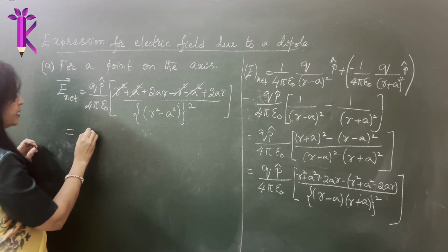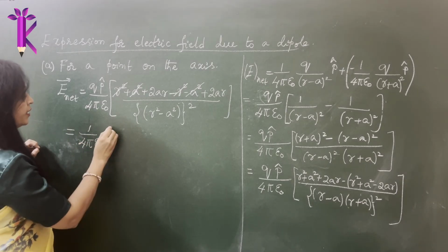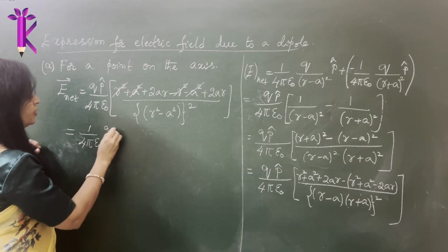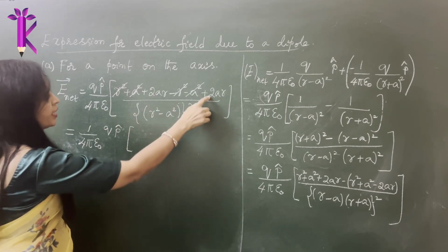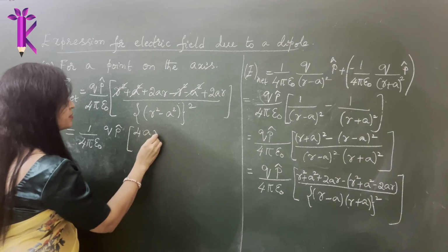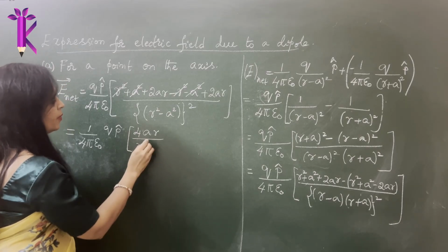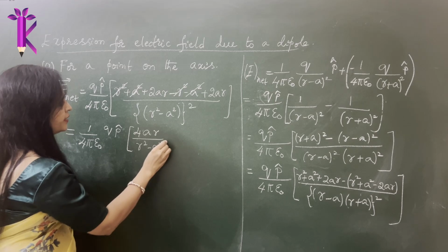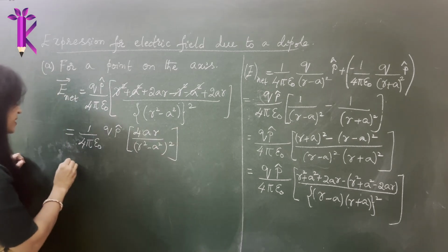We are left with 1 by 4 pi epsilon naught, okay, then you have q into vector p multiplied by, you have 2ar, that becomes 4 times ar divided by (r square minus a square) the whole square is what is left. Now let's rearrange this.